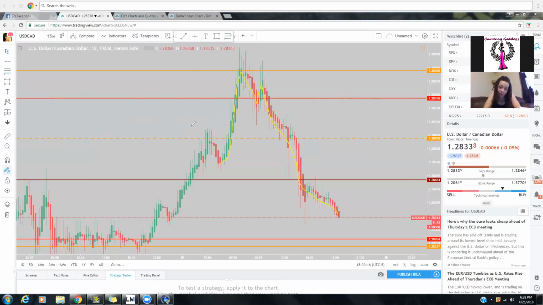All right, so the next chart that we use is going to be the 15-minute chart. And we just go in order again. Next color is yellow. And we're doing the same thing. We're finding our immediate high and then our immediate low.